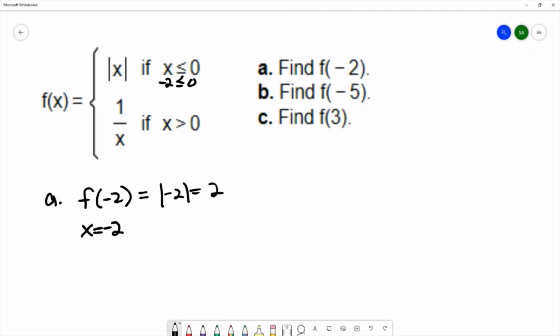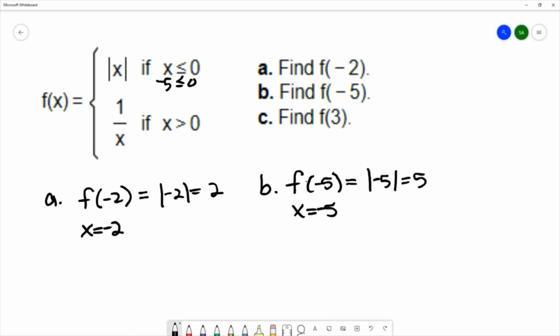So f of -2 is 2. In part B, we have f of -5. X is -5. And since -5 is less than or equal to 0, I'll use the absolute value equation to evaluate this function. That's absolute value of -5, which is +5. So f of -5 is 5.